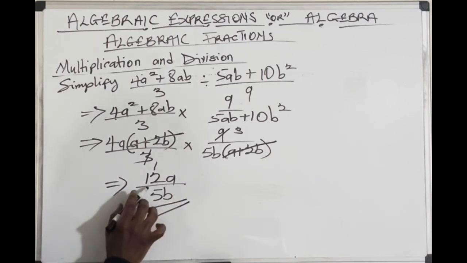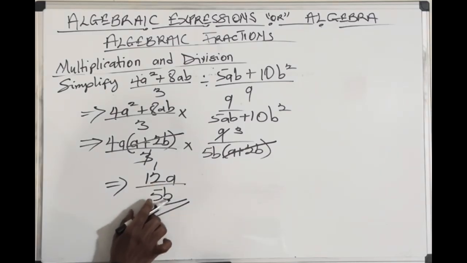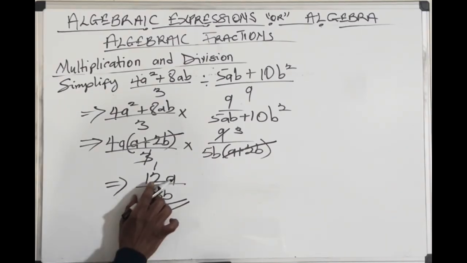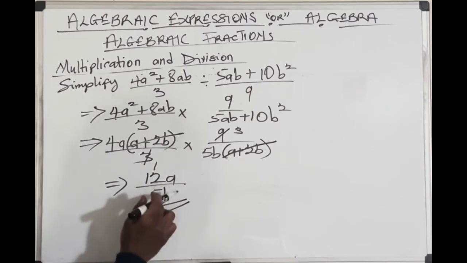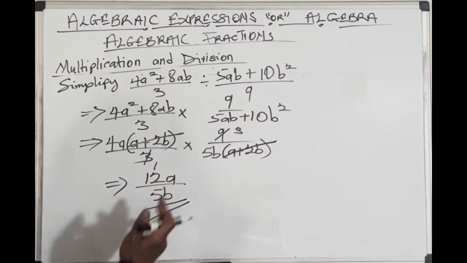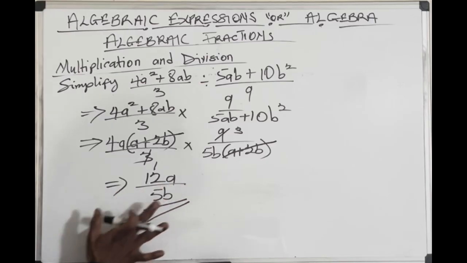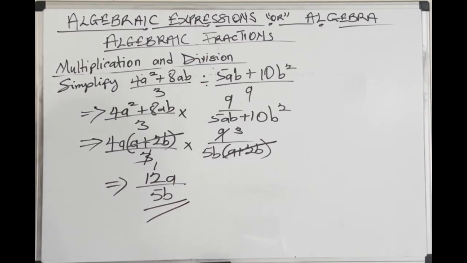There is division, but there are unlike variables. If there was another a here, we would subtract the powers and cancel the a's. But these are different variables, a and b, so we leave the answer like this. So 12a over 5b is our final answer.